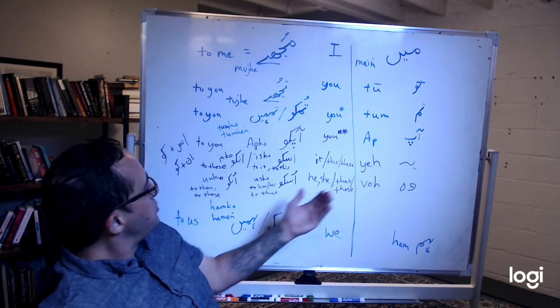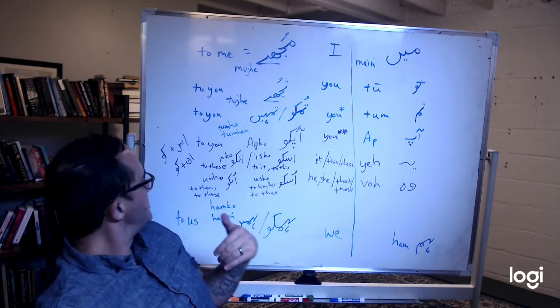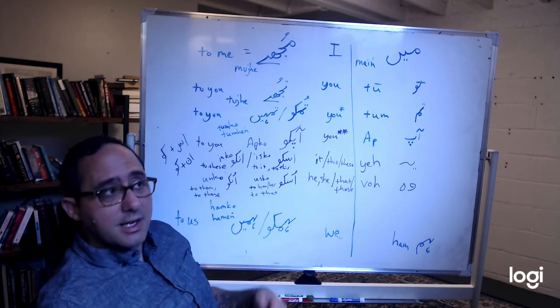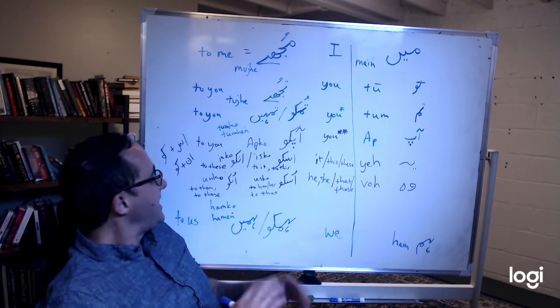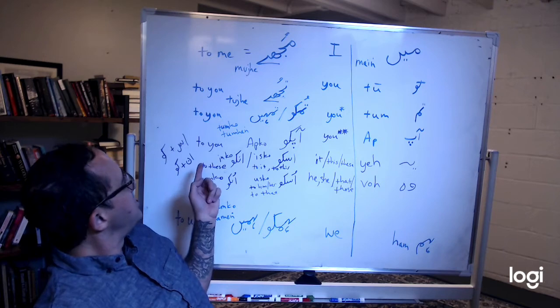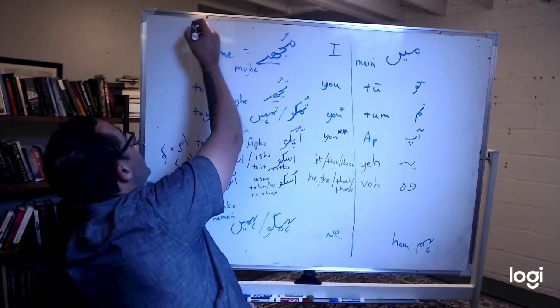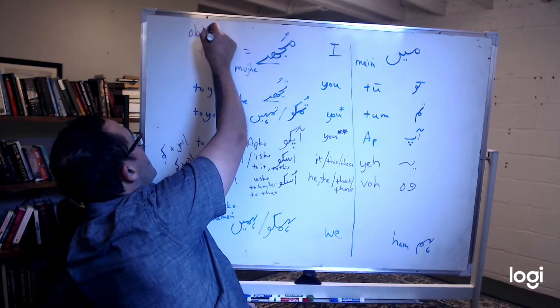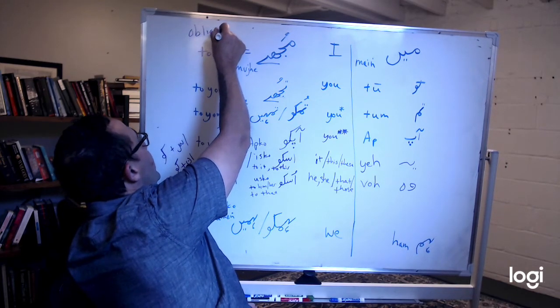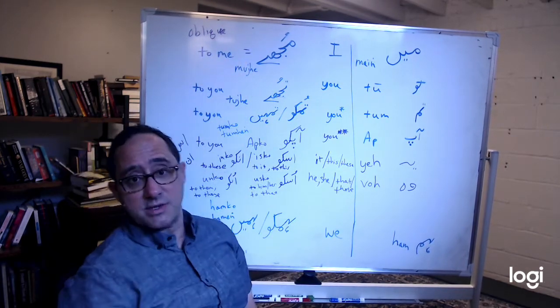When it gets into to this or to that, like to him and to her, it changes form into this. We call this the oblique version. This is the oblique, and it's used a lot, so you might as well learn it now.